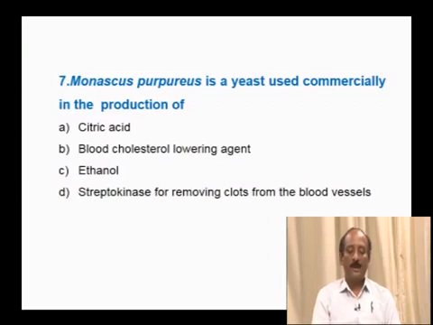Blood cholesterol lowering agent is a statin obtained from Monascus purpureus. Ethanol is produced with the help of Saccharomyces cerevisiae, and streptokinase is obtained from Streptococcus bacteria. Hence, Monascus purpureus produces the statin, which is used as blood cholesterol lowering agent. Hence, the correct answer for this question is option B.